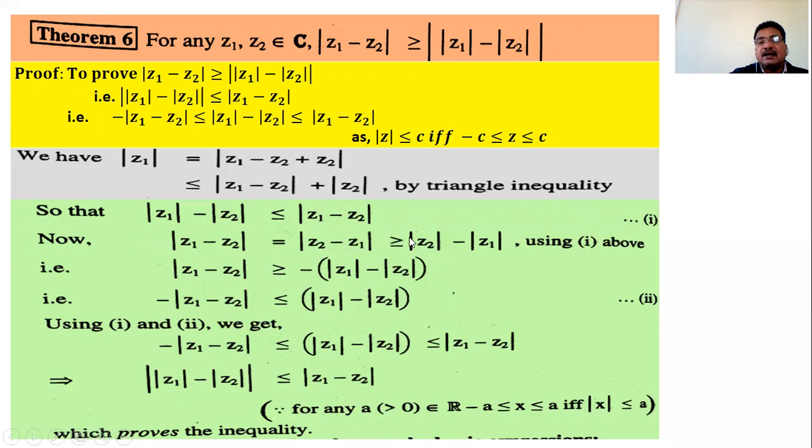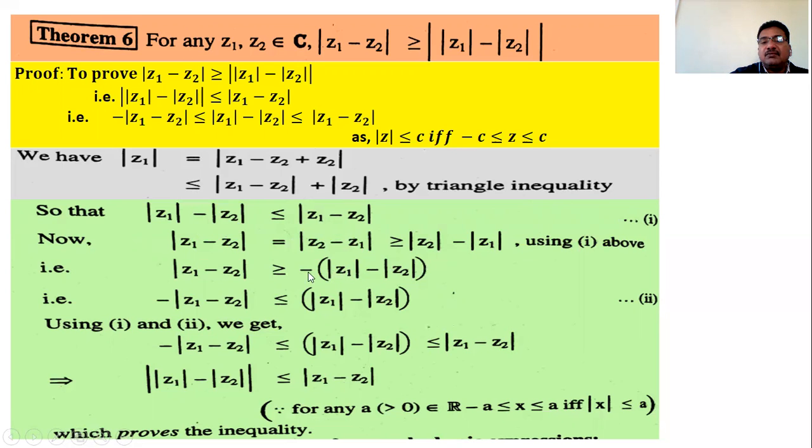And this is greater than or equal to mod Z2 minus mod Z1, by using the first result, since mod Z2 minus Z1 is greater than or equal to mod Z2 minus mod Z1 by using 1.